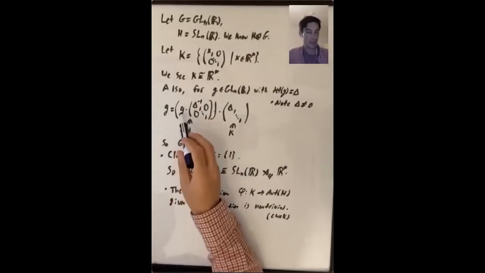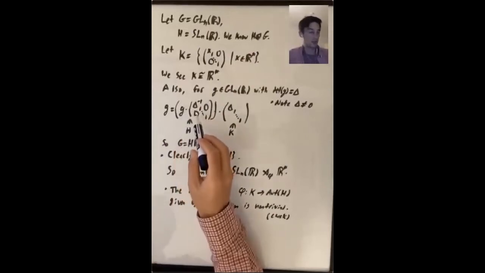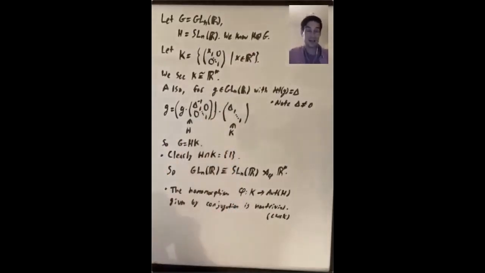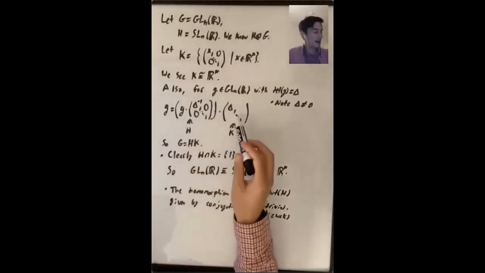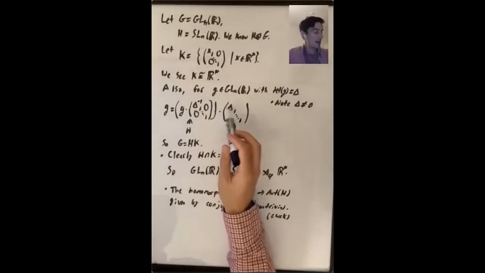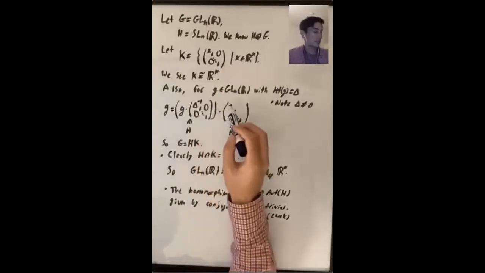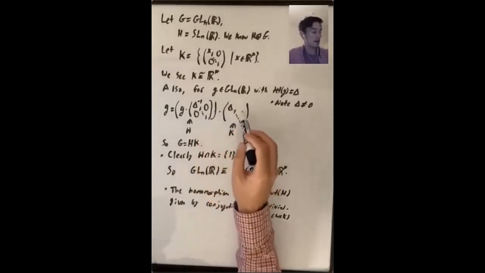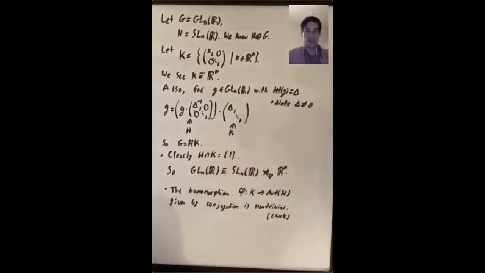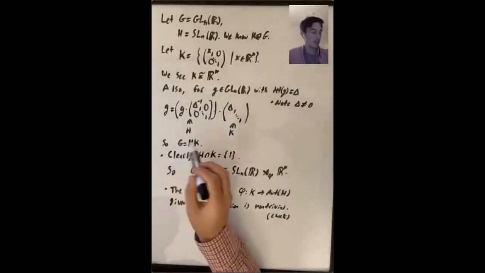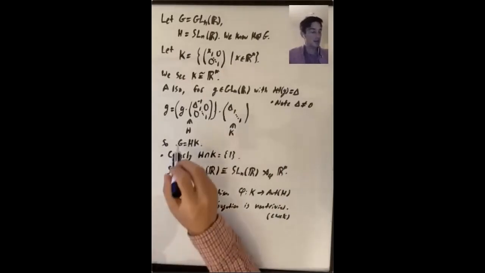So determinant delta inverse. The product is 1. So this really is in SLnR. And then we multiply by the inverse of this matrix. So delta in the upper left corner, ones everywhere else, diagonal matrix. This is in K. So everything in G can be written as something in H times something in K. So G equals HK.